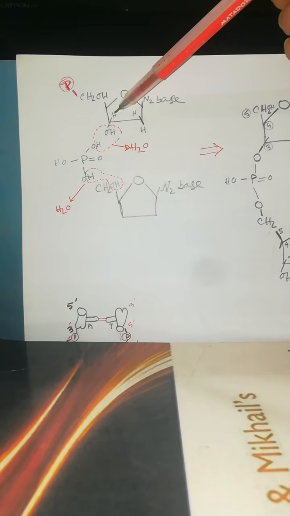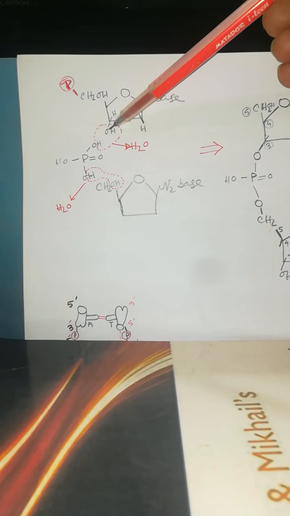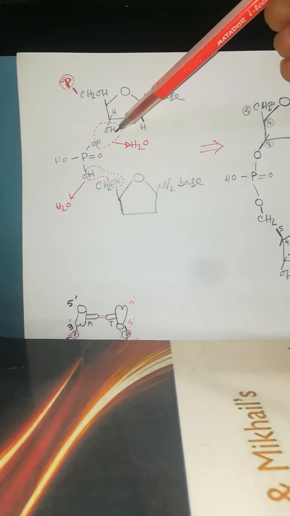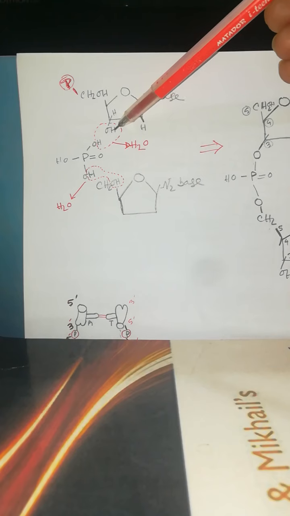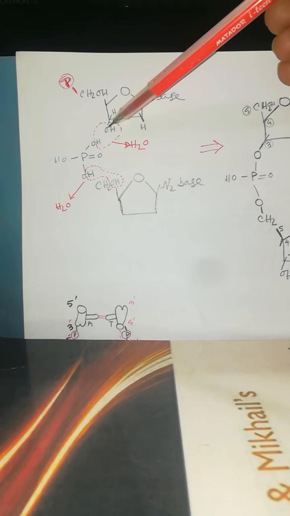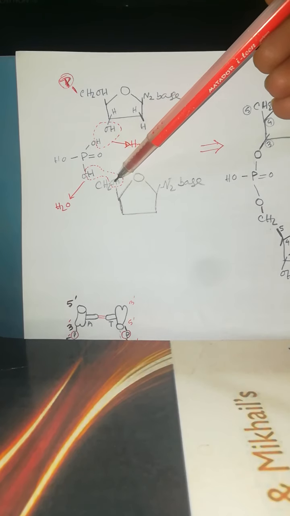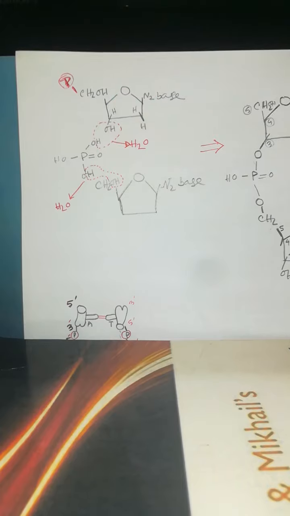Here you follow, the third carbon: the OH is removed as water with this hydrogen. So one hydrogen, two hydrogen, and this oxygen is removed.